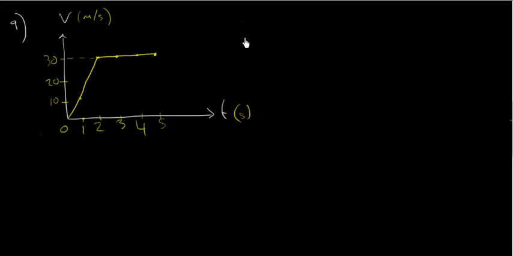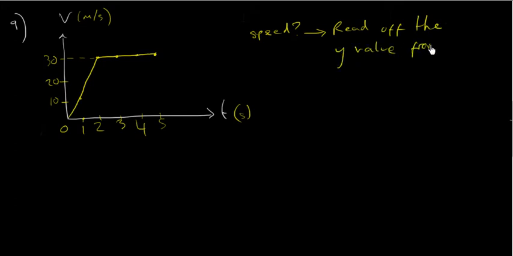So in other words, in order to find the speed, it's the easiest one. We just literally read off the y value. So we just read off the y value from the appropriate time.